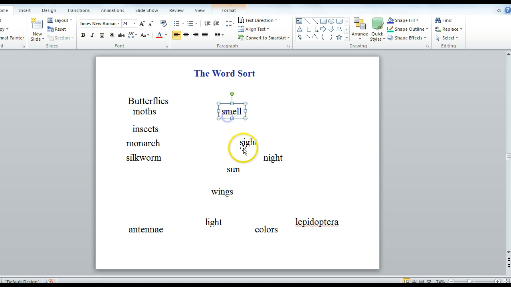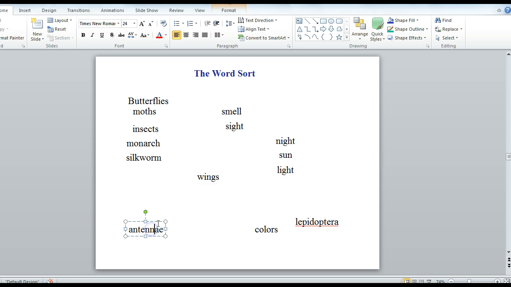Smell and sight are senses. Night and sun have to do with one another. Light has to do with night and sun. Wings and antenna are parts of butterflies and moths. And I know they're colorful, so I'm going to put that with parts.